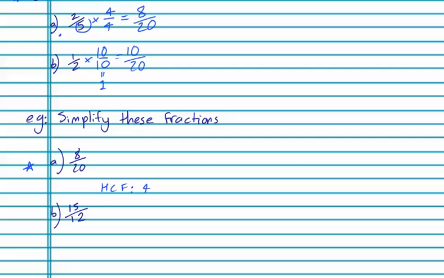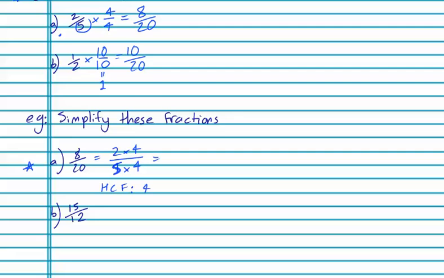It's the highest common factor. I could write 8 as 2 times 4, and I could write 20 as 5 times 4.